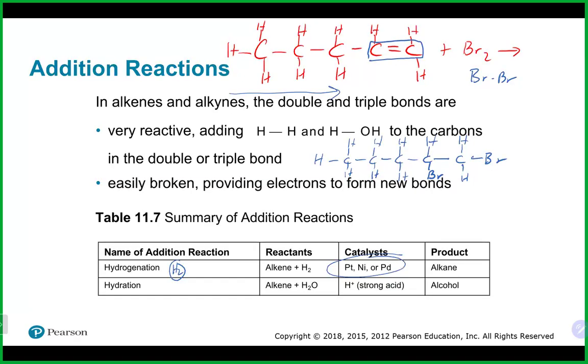And there's one that's known as a hydration reaction. Hydration reaction means we're going to add basically water into this. So when we do that, if we take an alkene here, do something like this, and let's say we add water.